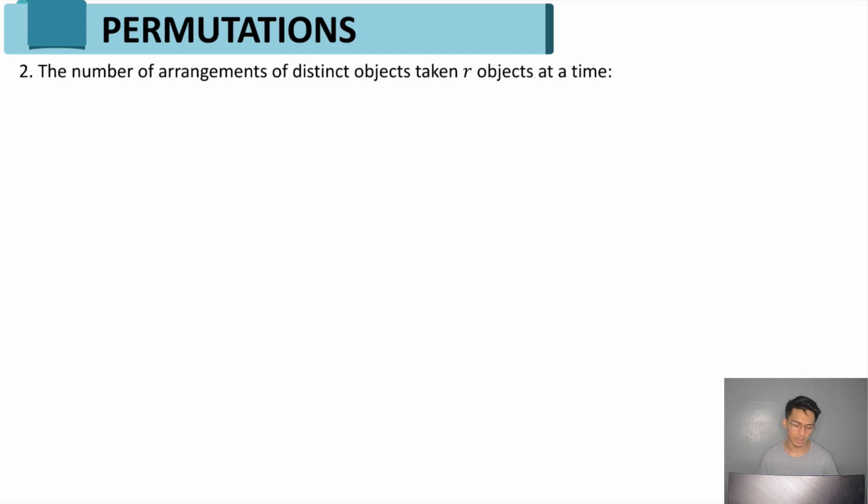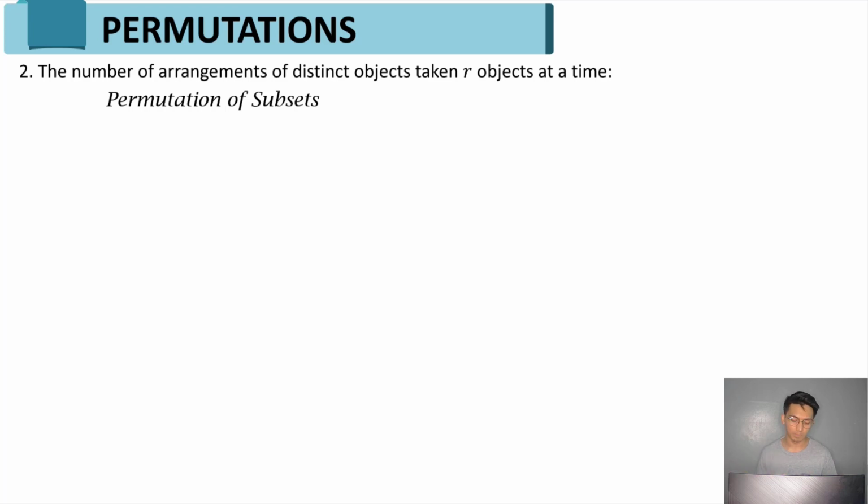Next type, we have number 2. The number of arrangements of distinct objects taken r objects at a time. So, yung first type natin kanina, taken all at a time. Dito naman, may portion lang tayo na kukunin. And tinatawag natin to as the permutation of subsets. Kasi yung linear permutation kanina, all sets yun. Taken all sets at a time.